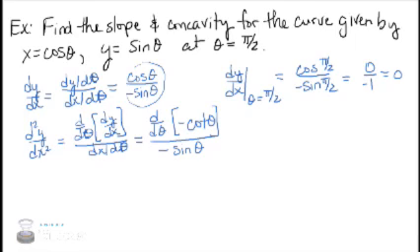So a common error here to avoid would be, you don't want to just think that you can just take the derivative of the top function. If we go back to dy/dx, you don't want to take the derivative of just negative cotangent of theta. You also don't want to take the derivative of cosine over derivative of negative sine. That would be incorrect as well. So we want the derivative of the whole function divided by derivative of x with respect to the parameter.